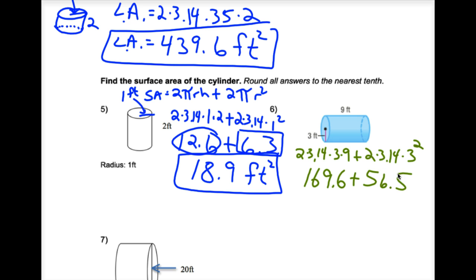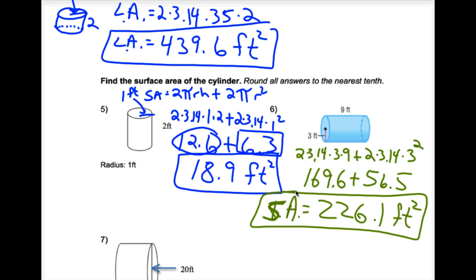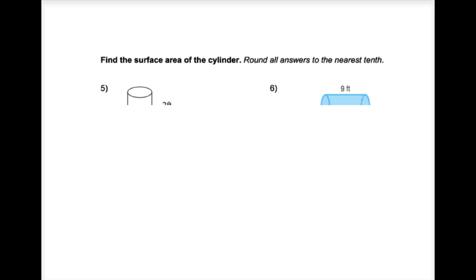When you added them together, I got 226.1. That's what I got. 226.1 feet squared. Okay?